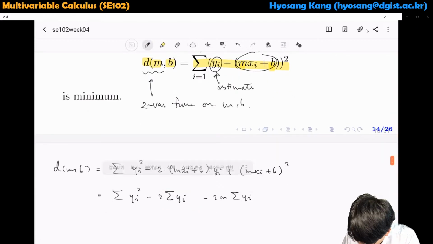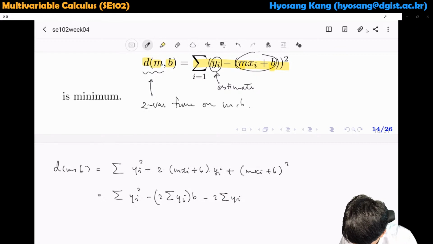So this is the coefficient of b, and here we have 2 times the sum of yi and xi, and that's the coefficient of m, and those are the linear terms so far.